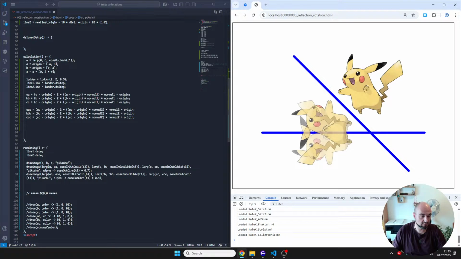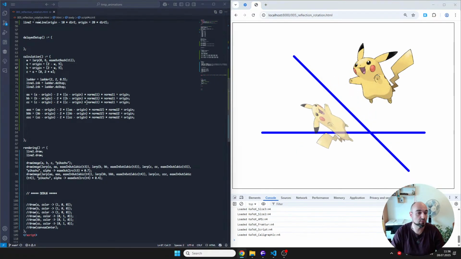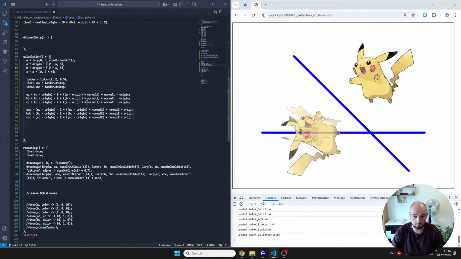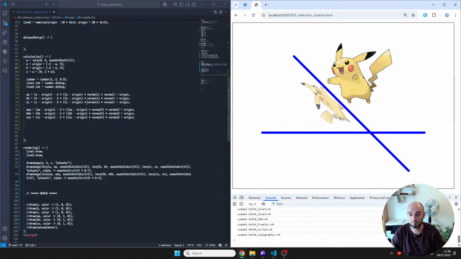Now we want to move our little Pikachu up. So we want to have, let's make 5, and this is now very hacky. Oh no, wrong direction. Right.